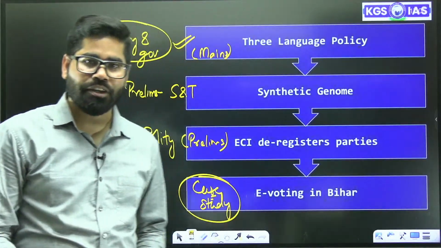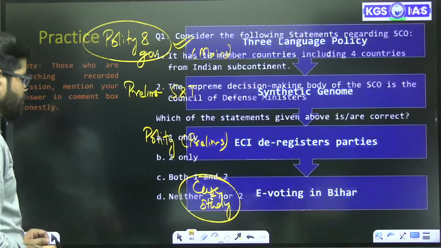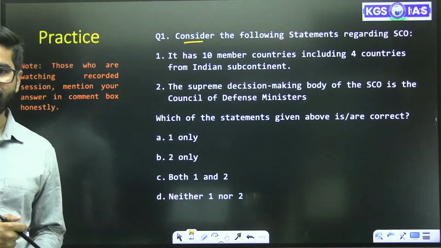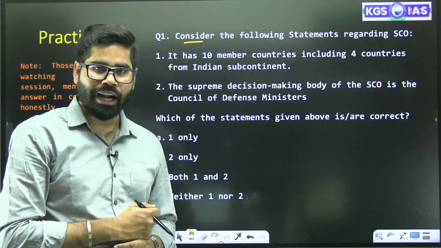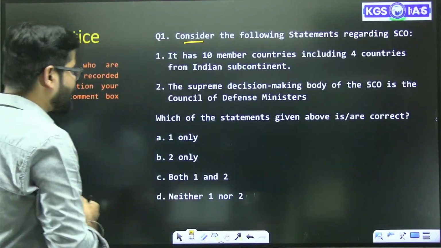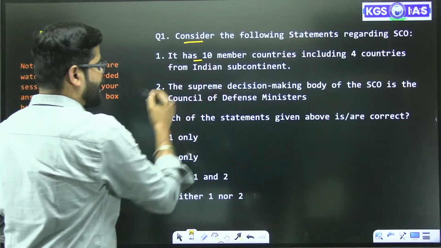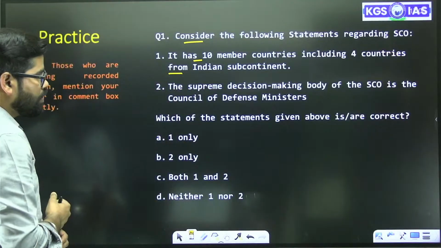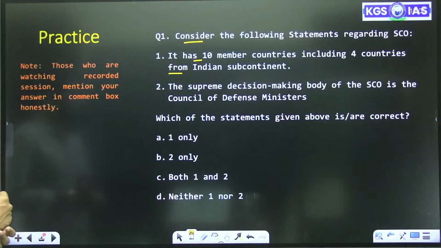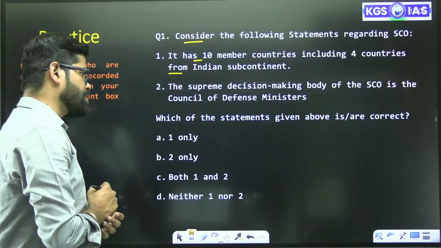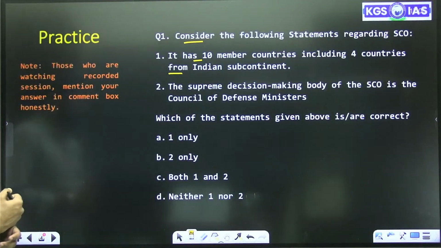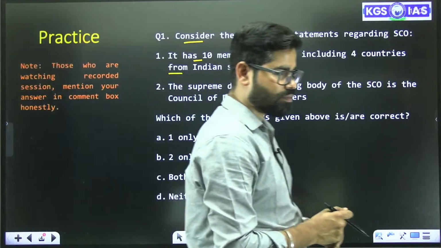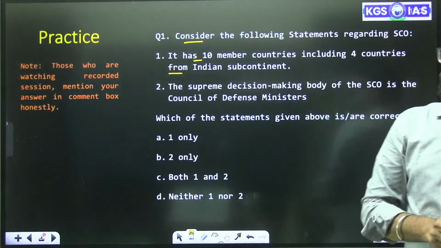So let us start first with some questions. Here we have this first one. Consider the following statements regarding SCO, Shanghai Cooperation Organization. First, it has 10 member countries, including 4 countries from Indian subcontinent. Second, the supreme decision-making body of SCO is the Council of Defense Ministers. Which of the statements given above are correct? So this is the first question about SCO.